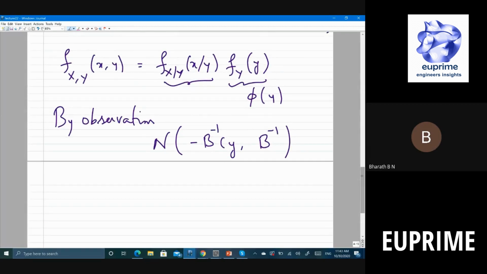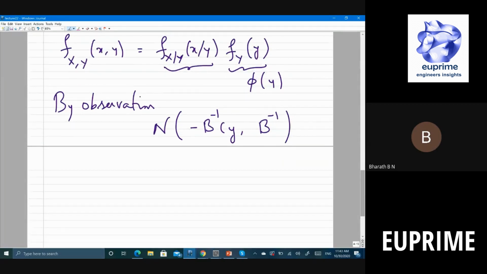So what can you say from this? Essentially, it says conditioned on y, X is Gaussian with mean B inverse Cy and covariance B inverse. So I can write X as, conditioned on y equal to this y, one part is fixed.